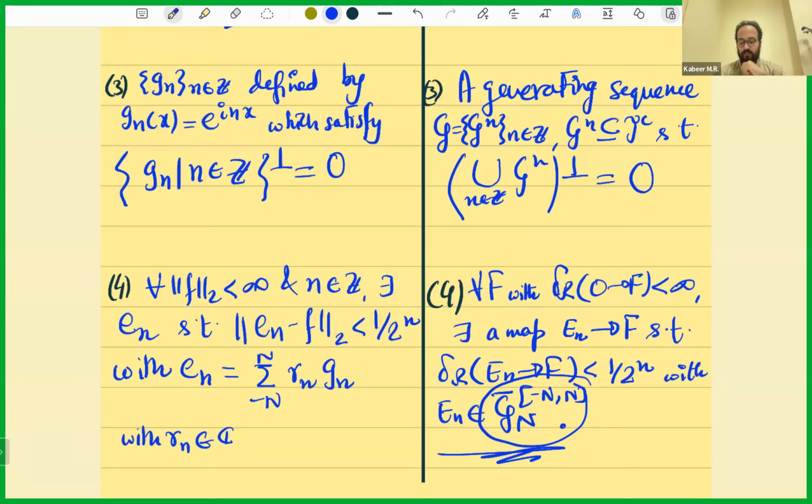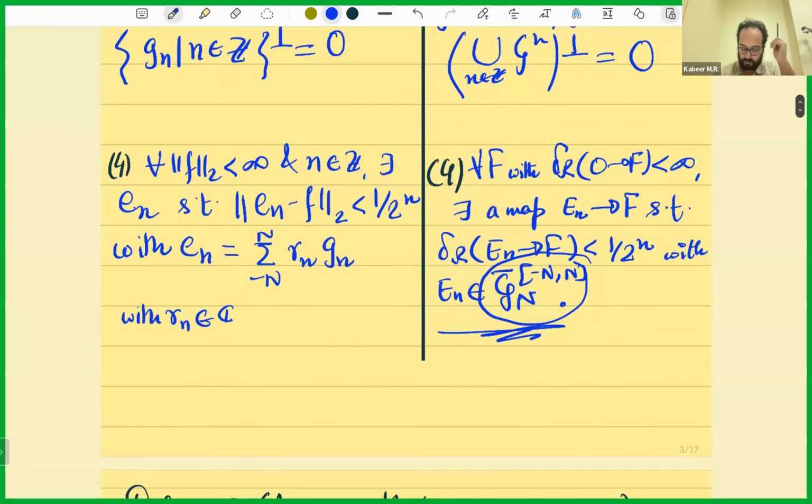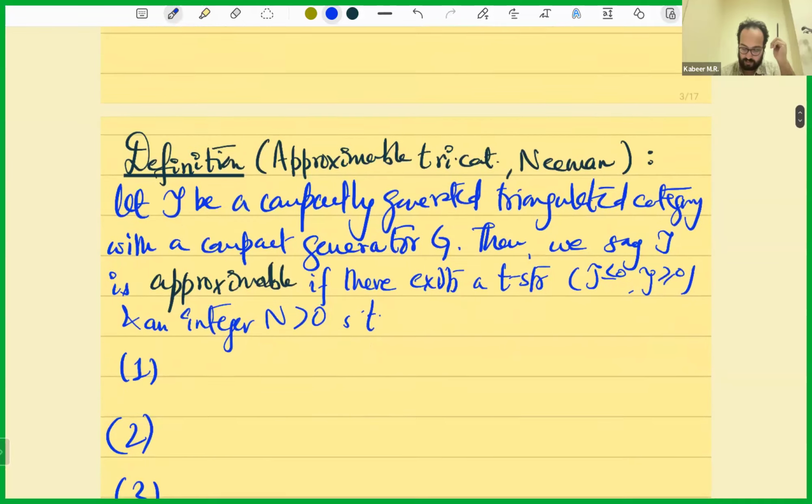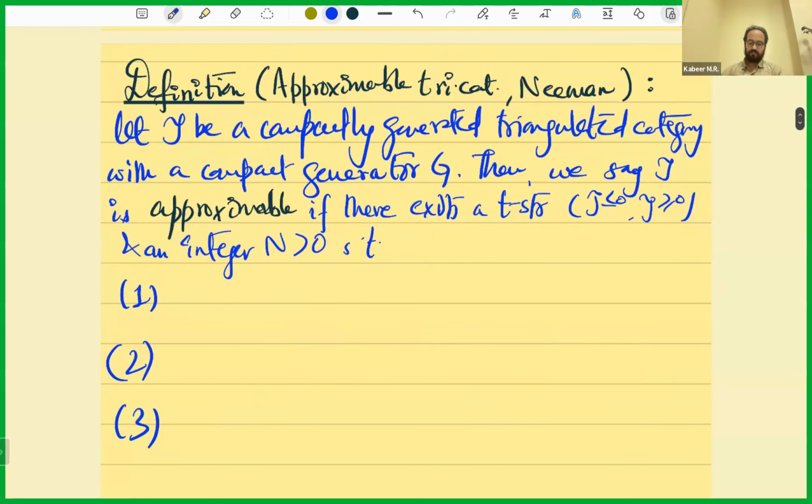Now, still before defining G-approximability in its full generality, I'd like to look at two important cases which will be most interesting today. The first is the notion of an approximable triangulated category. This was defined by Neeman. It's as follows. Let T be a compactly generated triangulated category with a compact generator G. Then we say that T is approximable if there exists a t-structure and a positive integer satisfying the following conditions.